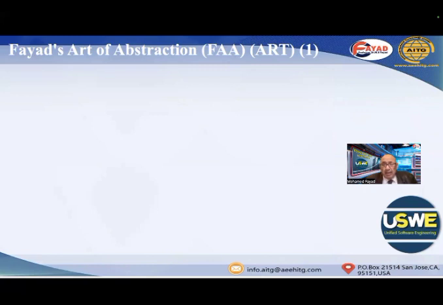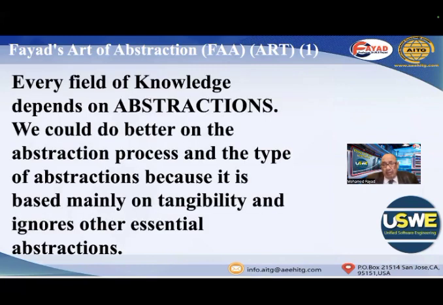This book has several different algorithms and processes showing you how to abstract different things, with 50 different discoveries about any word. Every field of knowledge depends on abstraction. We could do better on the abstraction process and the type of abstraction, because mainly what we do is on tangibility, and we ignore other essential abstraction.